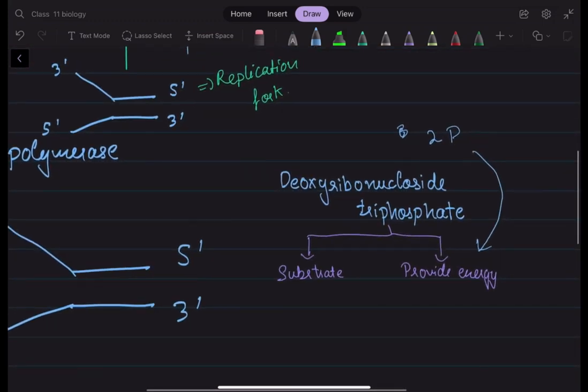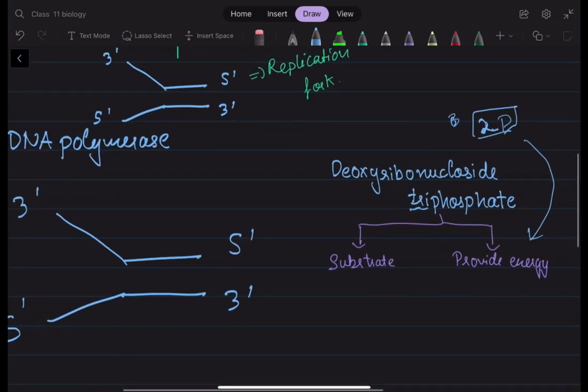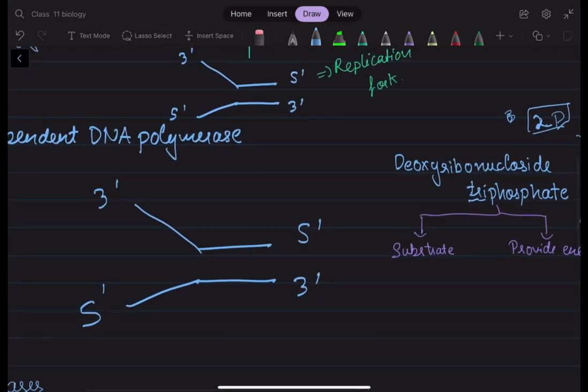Whenever we break these 2 phosphate groups, what remains is the deoxyribonucleotide, because it has only 1 phosphate group, whereas this one has 3. So after breaking 2 phosphate groups, we get the nucleotide, and this nucleotide is used by the DNA polymerase to form the nucleic acid here on the opposite strand.